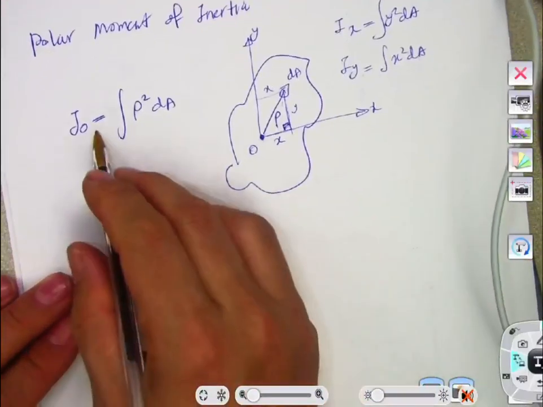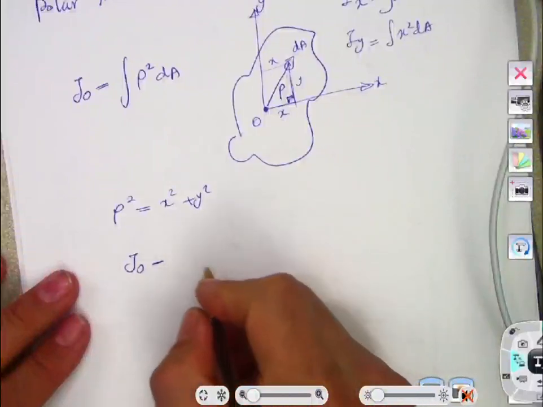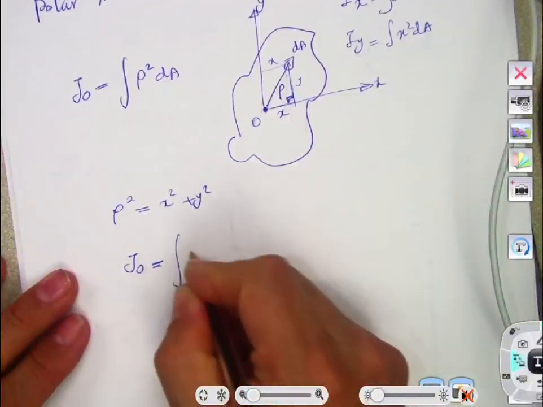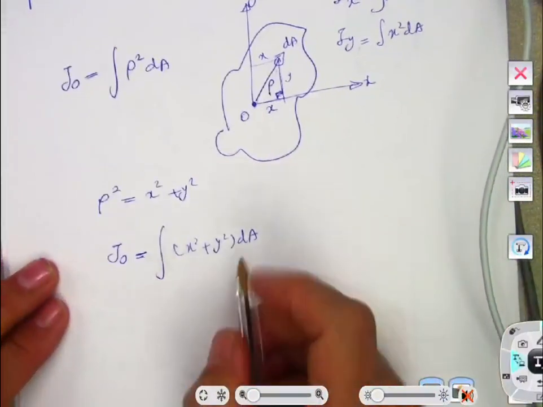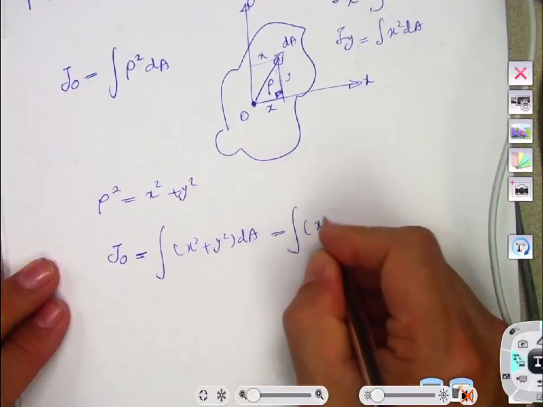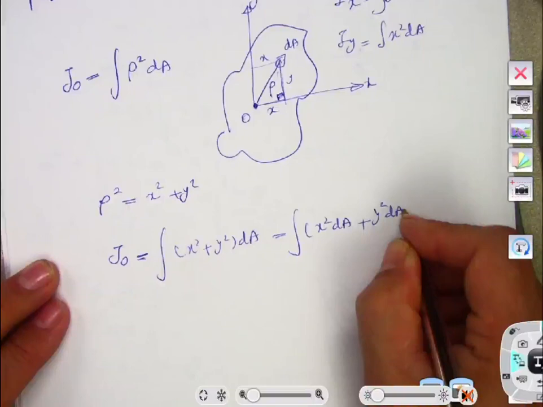So then the polar moment of inertia is equal to the integral of x squared plus y squared dA, and I can distribute dA, so it's going to be x squared dA plus y squared dA.